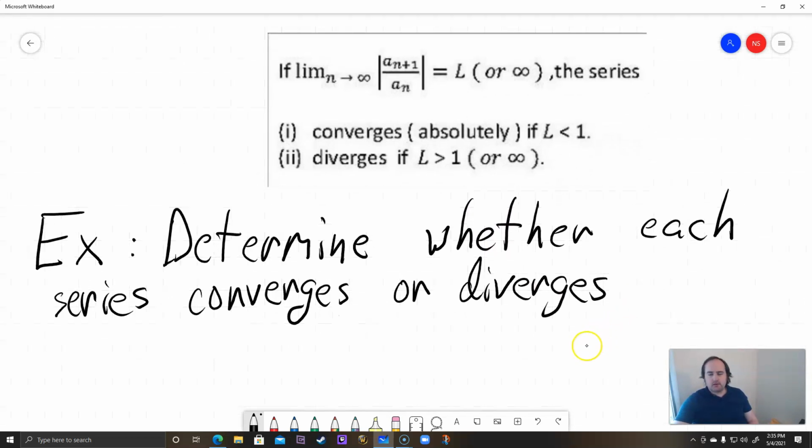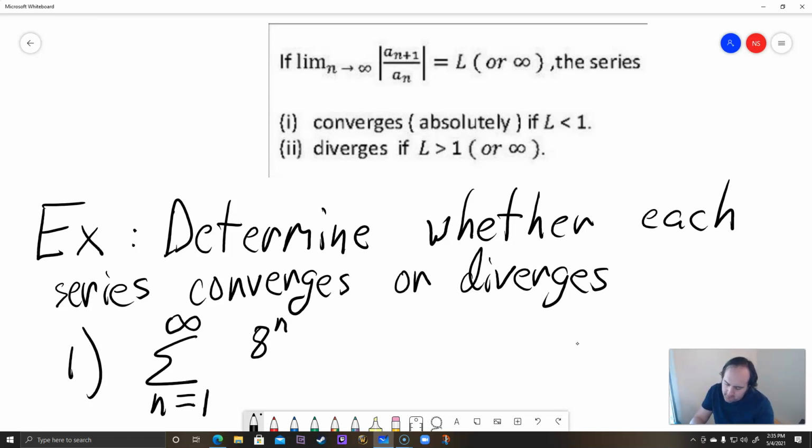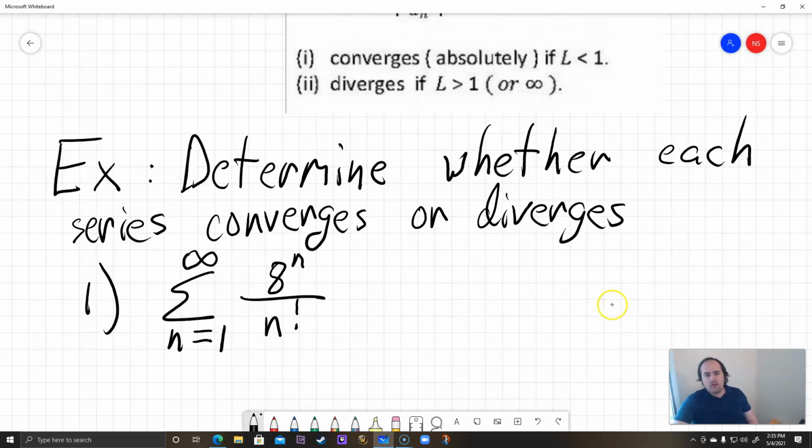That's because I'm tired. Okay, so for number 1, we're going to be doing the sum from n equals 1 to infinity of 8 to the n divided by n factorial.